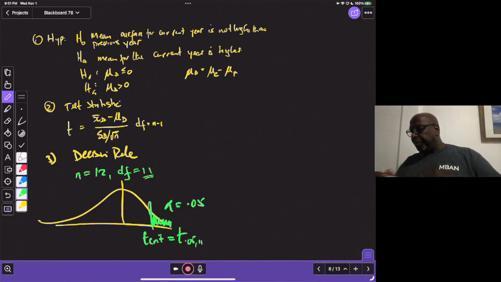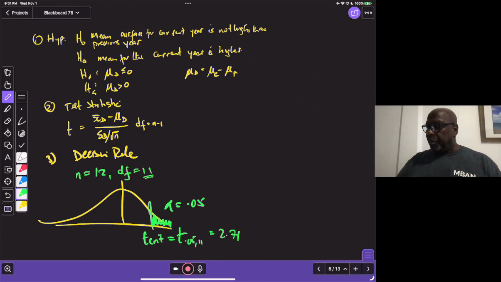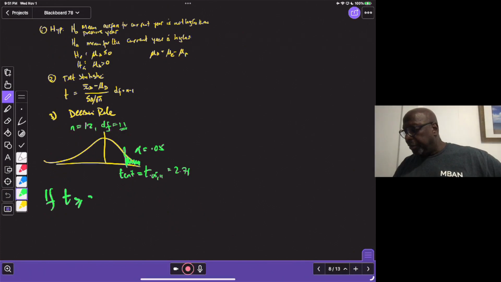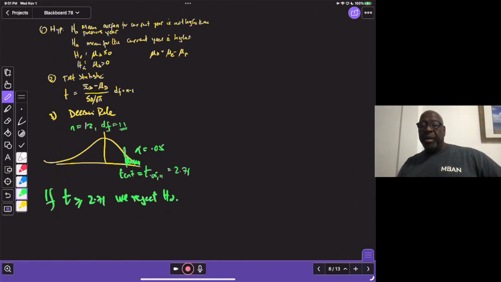So it turns out that our critical value is 2.71, which basically we will say if our T value is greater than or equal to 2.71, we reject the null hypothesis and file for the alternative hypothesis.